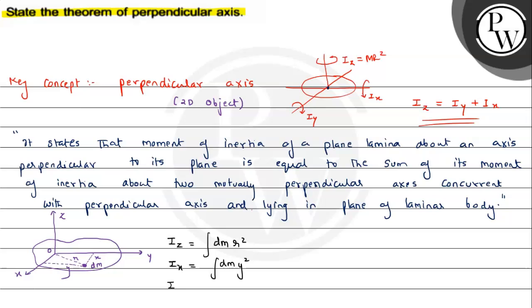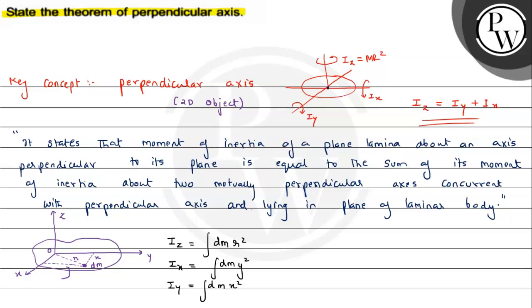And similarly about y we can say integration of dm x squared. Since we know the moment of inertia is the product of mass and the perpendicular distance from the axis of rotation, in this way we have written the moment of inertia about all three axes.